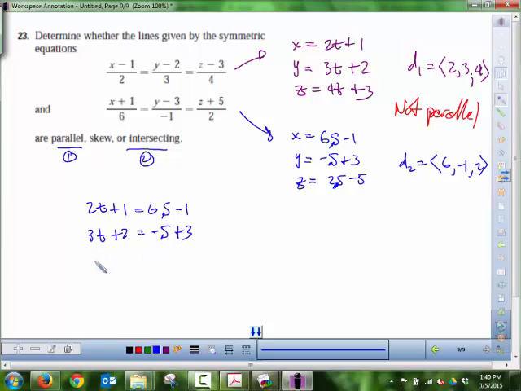And then the z's, 4t plus 3 equals 2s minus 5. And then I'll take two equations and solve for two unknowns, and then I'll take those solutions and plug it into the third equation to see if it would give me the same answer.